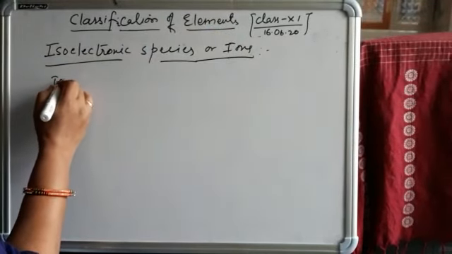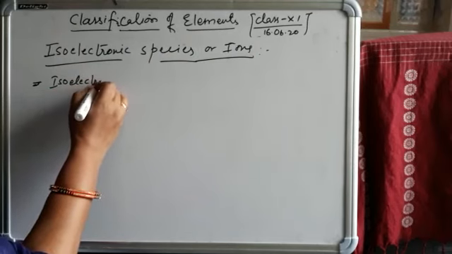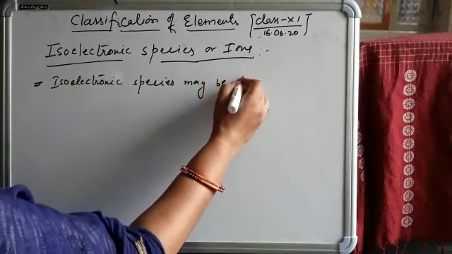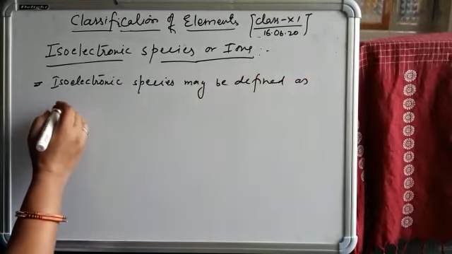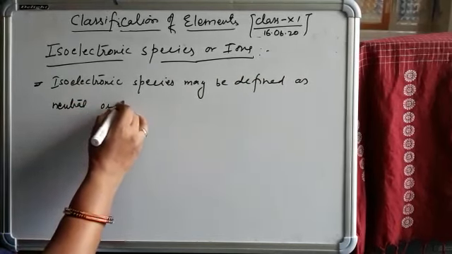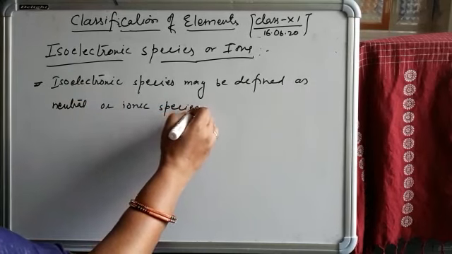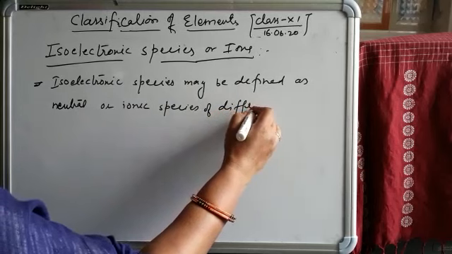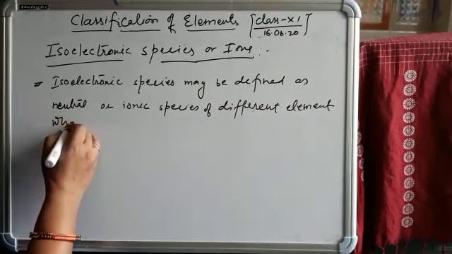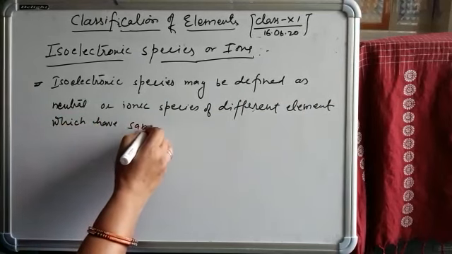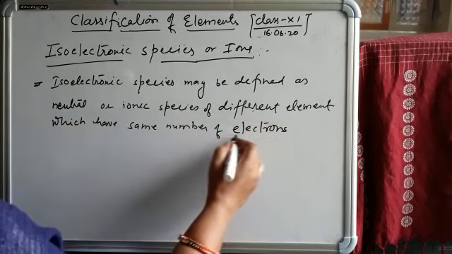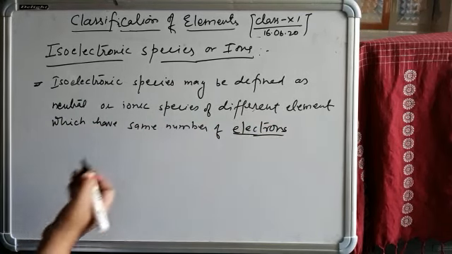Simply we define isoelectronic species as neutral or ionic species of different elements which have the same number of electrons. So the species which have the same number of electrons are isoelectronic.